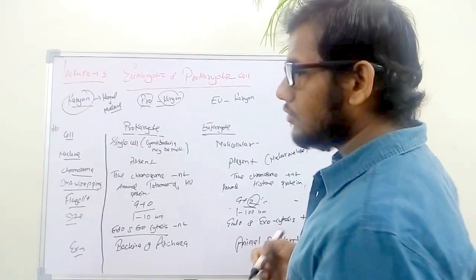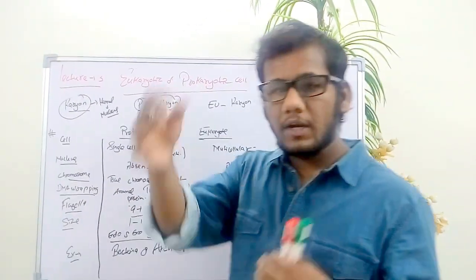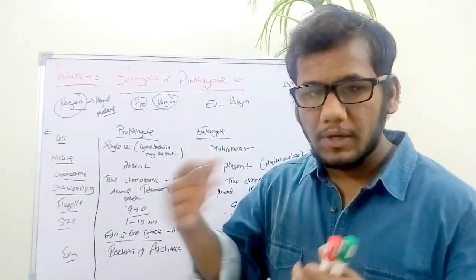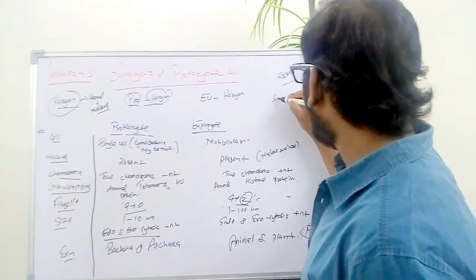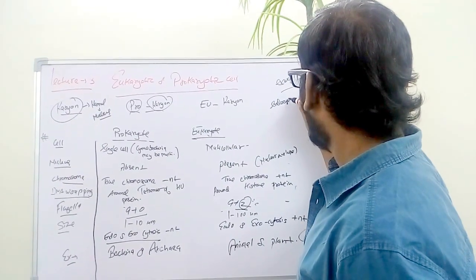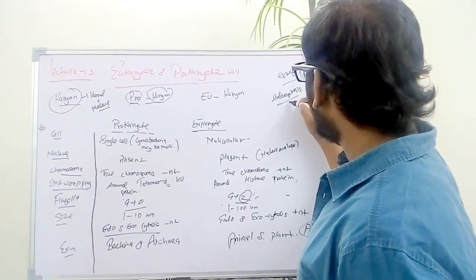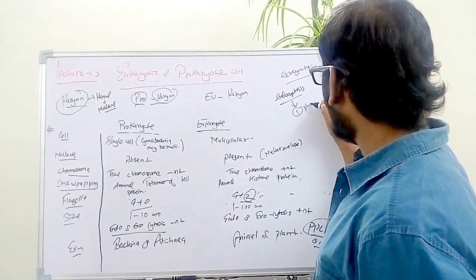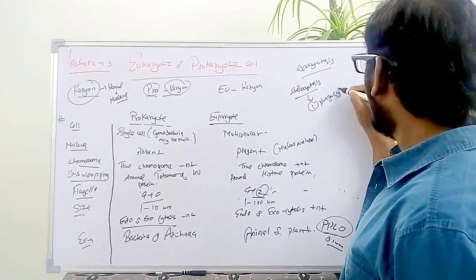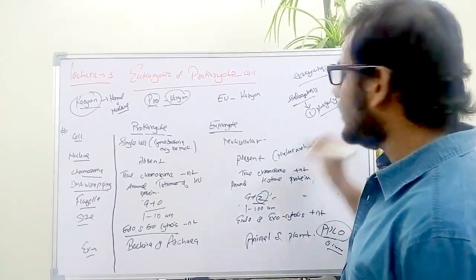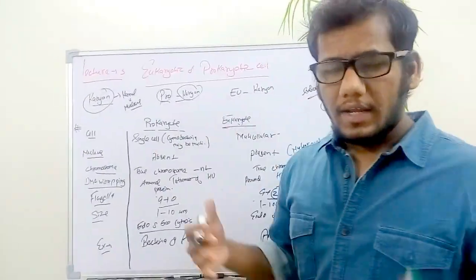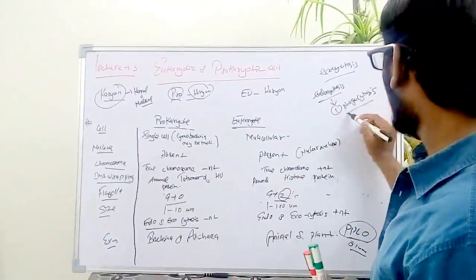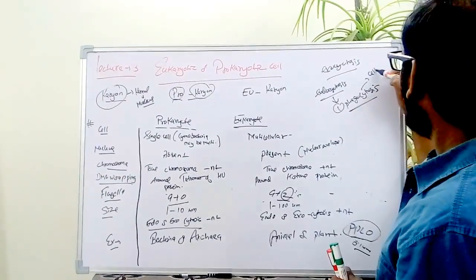In exocytosis, the cell expels material from the vesicle. And endocytosis is divided into three types. First, phagocytosis. Phagocytosis means cell eating: the cell takes material inside it.